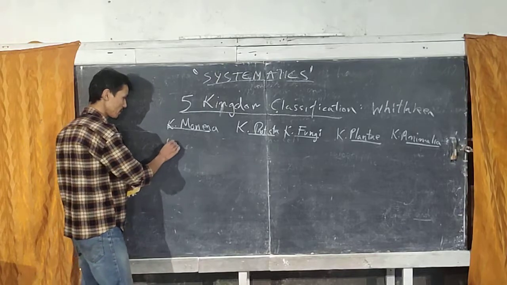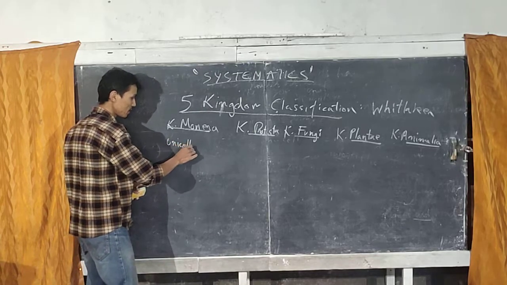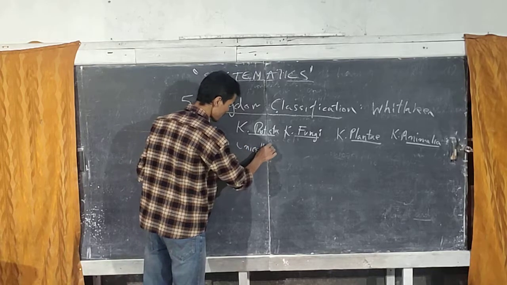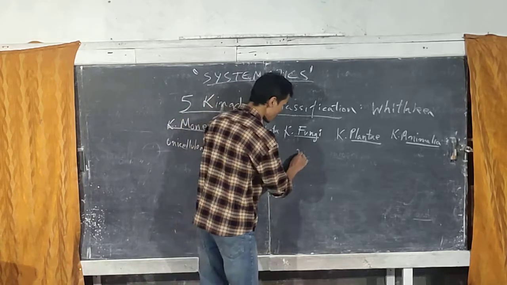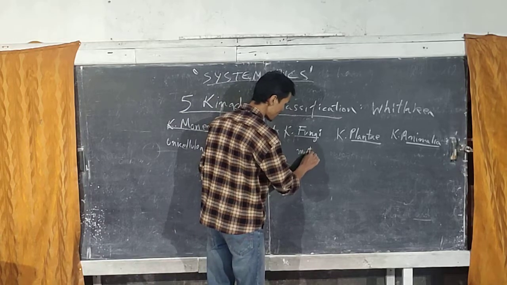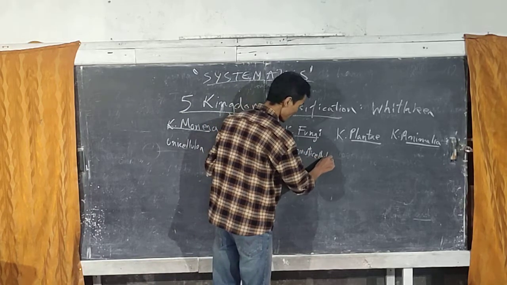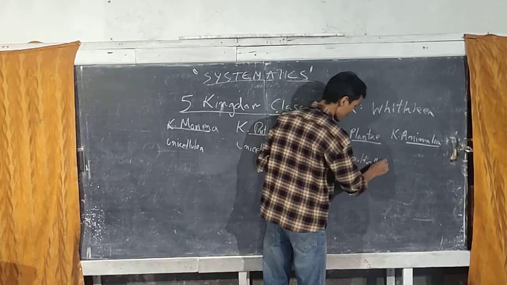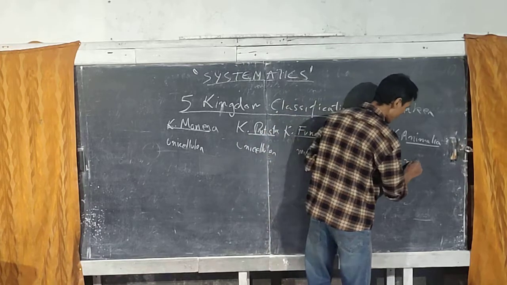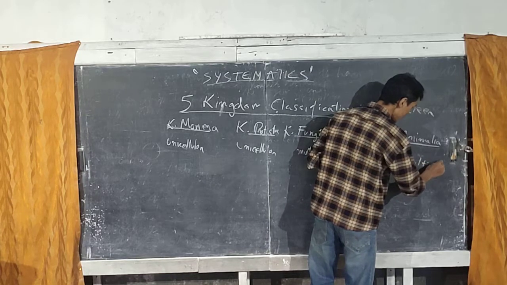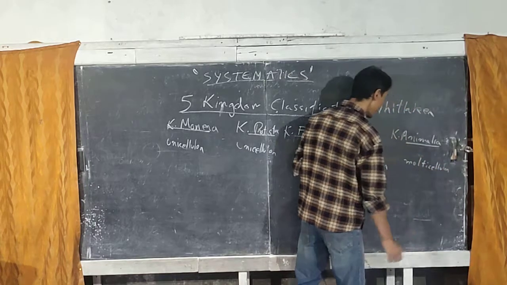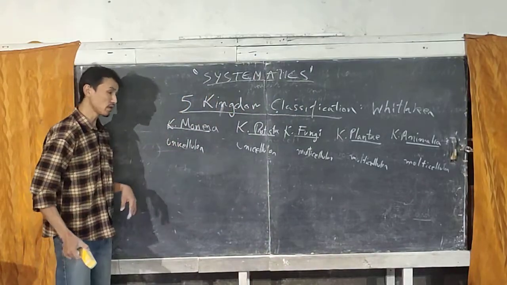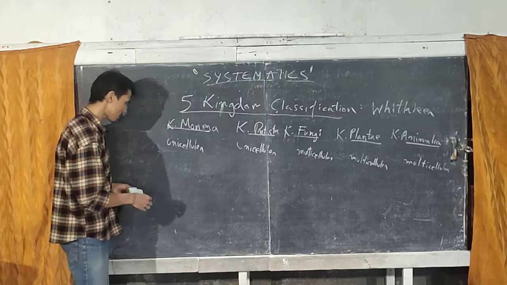Monera and Protista both are unicellular. Fungi is multicellular. Plantae also multicellular. Animalia also multicellular. So the first differences among these are the number of cells.